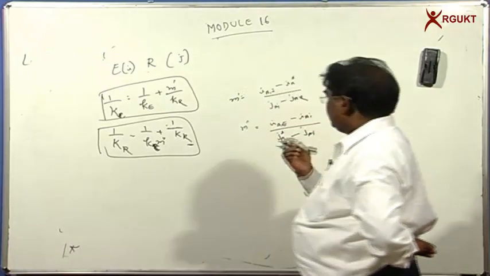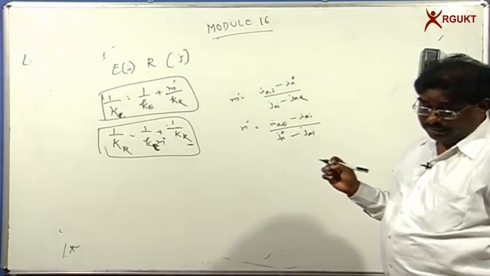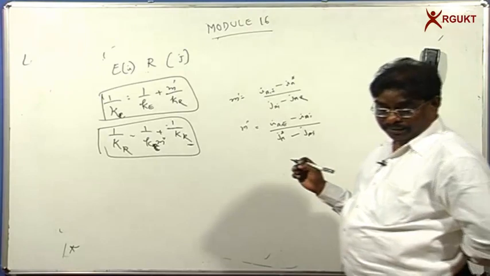So these are the equations that are used for the estimation of m prime and m double prime.